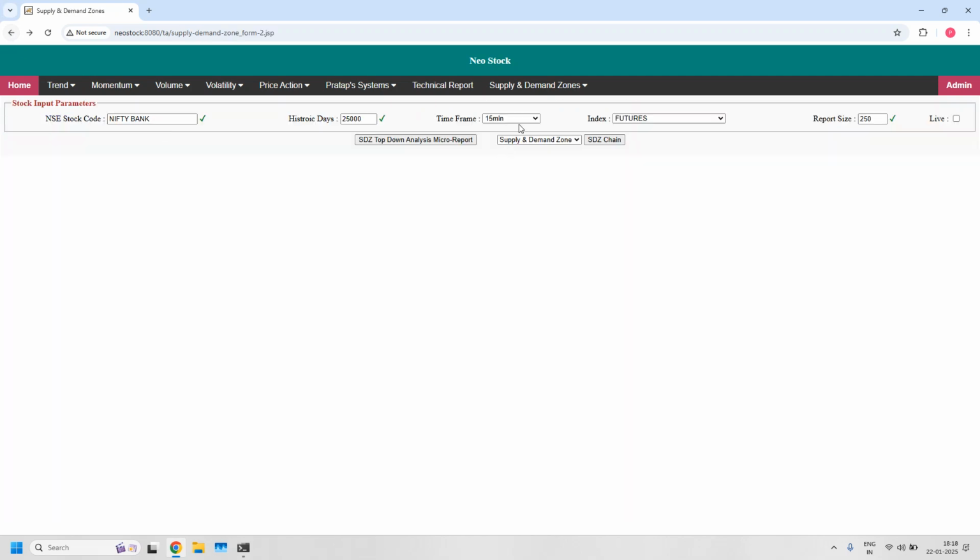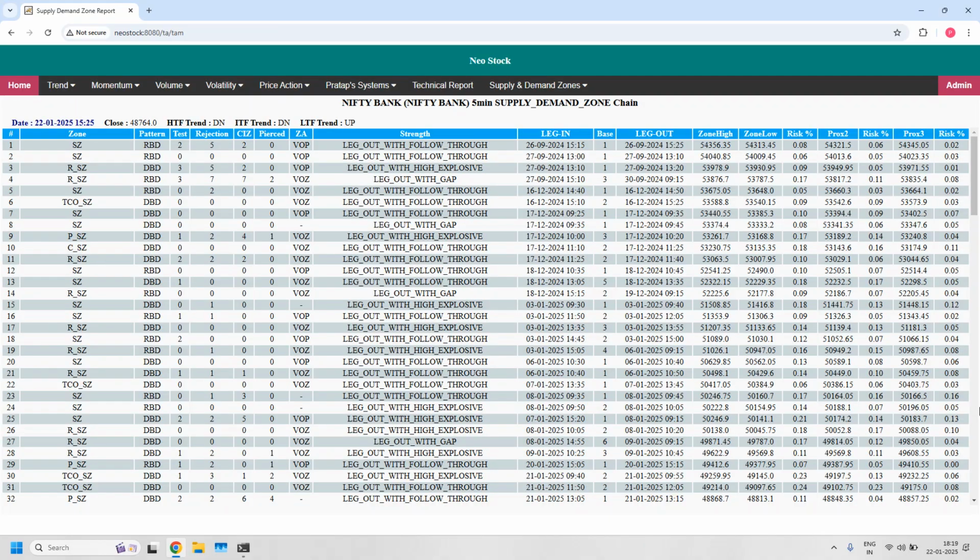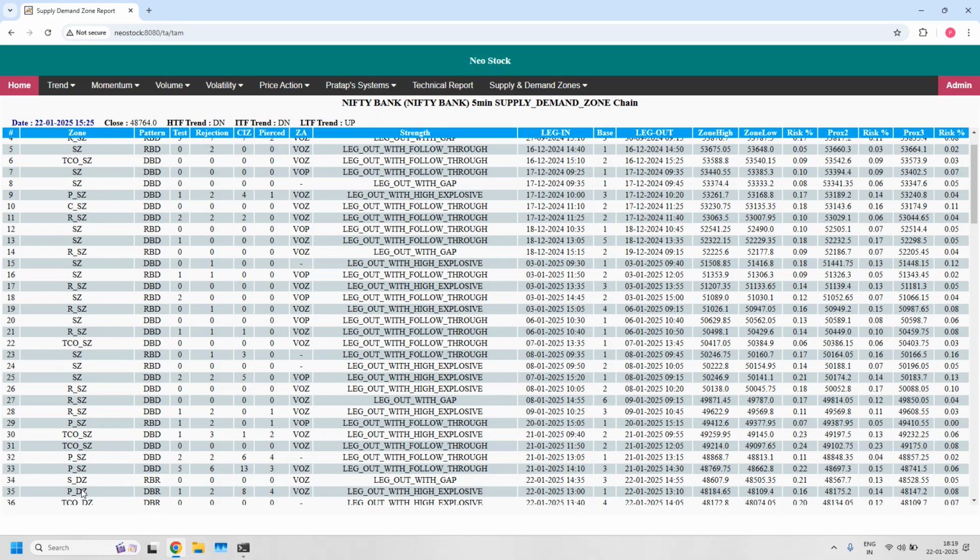Next, 5 minutes supply demand zone chain for Bank Nifty. All are supply zones. I am scrolling the list down. So this is the nearest demand zone to the current closing price. It is a pierced supply zone. 34.